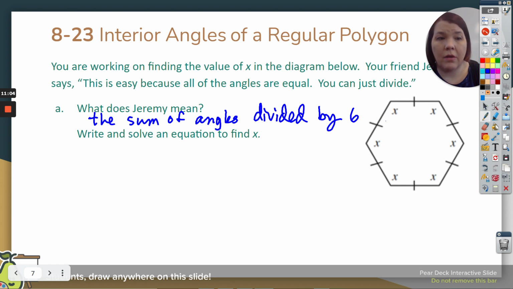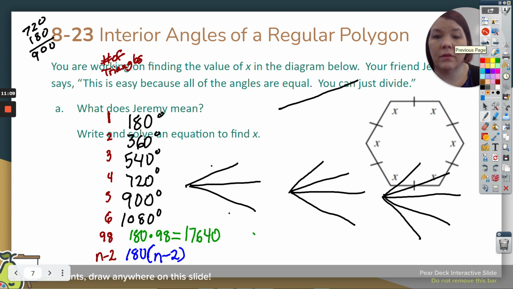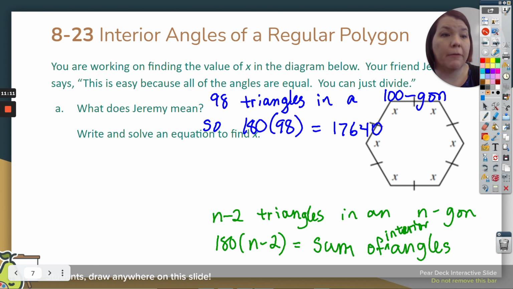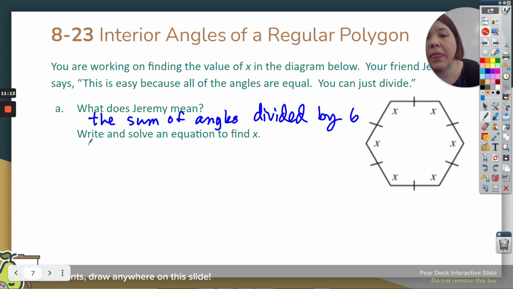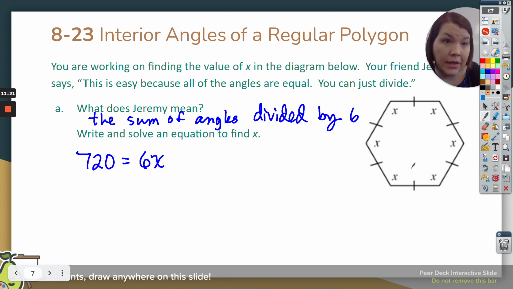In a hexagon, we found out that when there were 6 sides, the sum was 720. So 720 equals 6x, because all the angles add up to x plus x plus x plus x plus x plus x, which equals 6x.